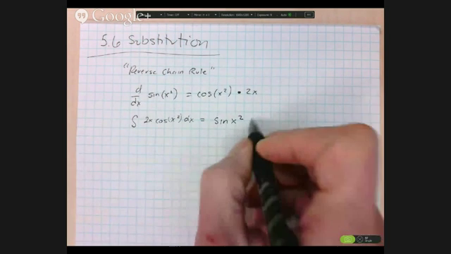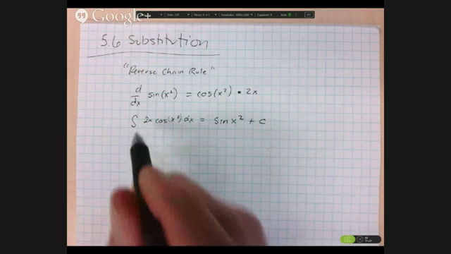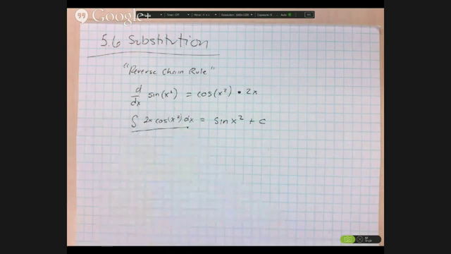And then don't forget that beautiful constant, because it's not a definite integral, right? So the question would be, how can I solve this without knowing what the original function is? You can.